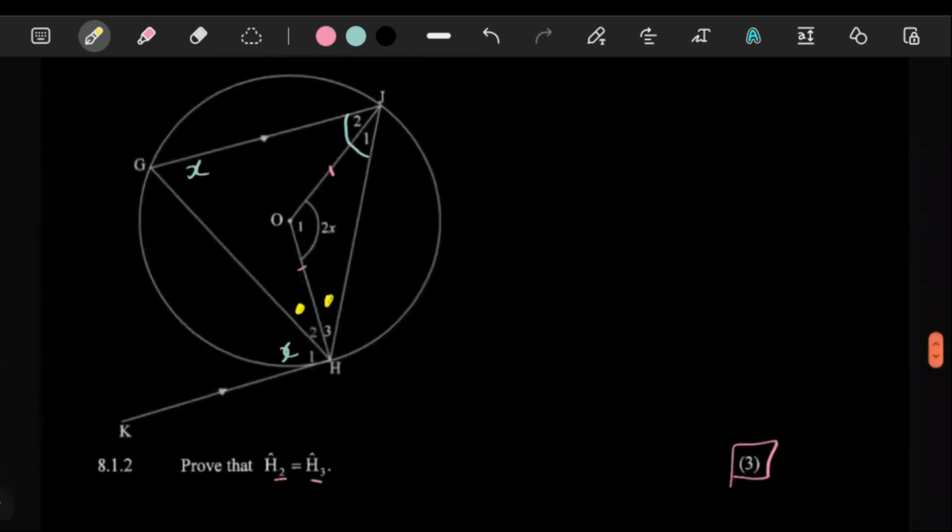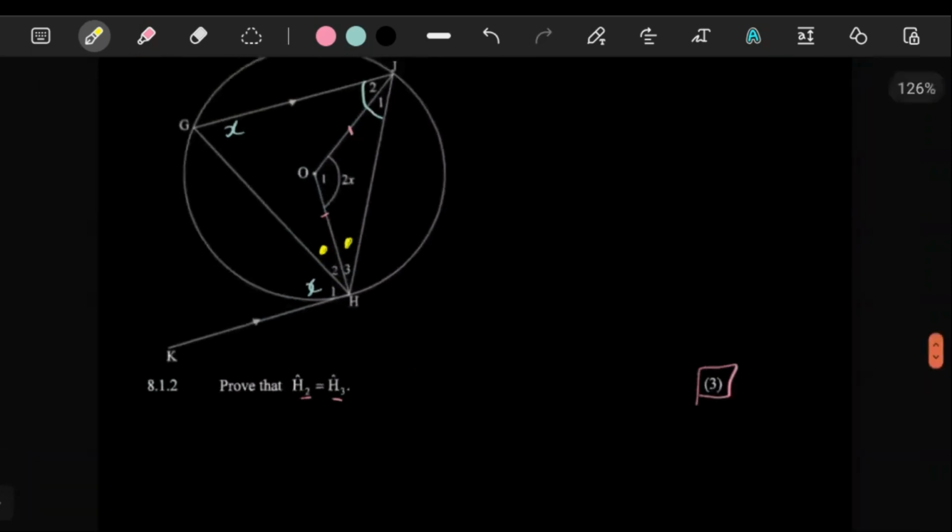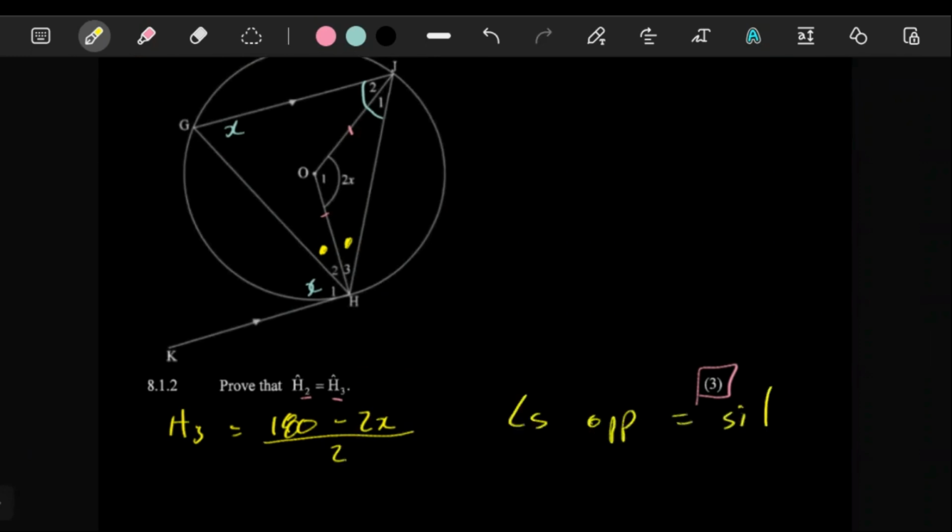H2 is in a very weird spot. Let's focus on H3 for now. So knowing that these are radii, we know that H3 is gonna be equal to 180 minus the 2x, the whole thing divided by 2. The reason for that is angles opposite equal sides, because that's an isosceles triangle. This shape is an isosceles triangle.